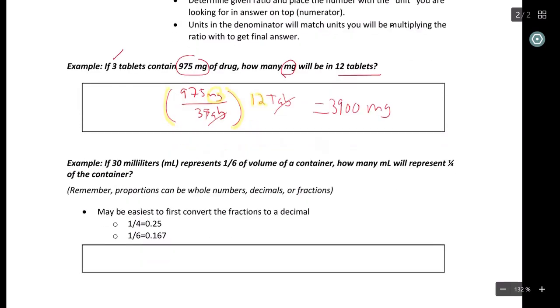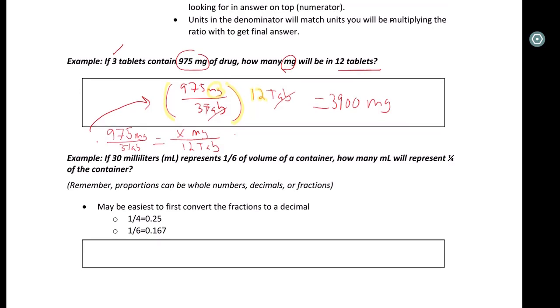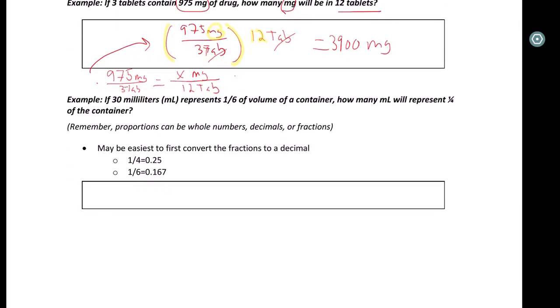If you are comfortable first doing it this way, where some people want to do the 975 milligrams is equal to 3 tabs, and they're like, how many milligrams is there in 12 tabs? You're doing the same thing again. Remember, you're multiplying by 12 on this side, you're multiplying by 12 on that side, and that's what was happening up here. We're just doing it in one step. Getting very comfortable with doing it the top way will save time, as well as clearly be able to let the units cancel out.